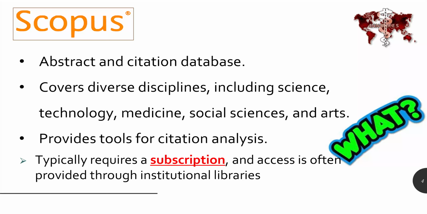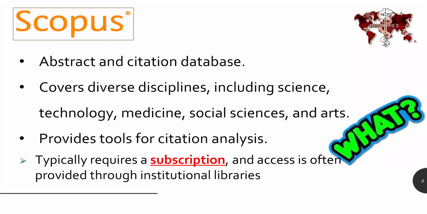So it will primarily have the abstracts and the citations, the papers that you will be reading, and how many times they have been cited, right? It covers diverse disciplines like science, technology, medicine, social science, and arts. It provides tools for citation analysis in the sense of how many people have cited this particular paper. You can do so for your own papers also. So that's one of the added benefits of Scopus.